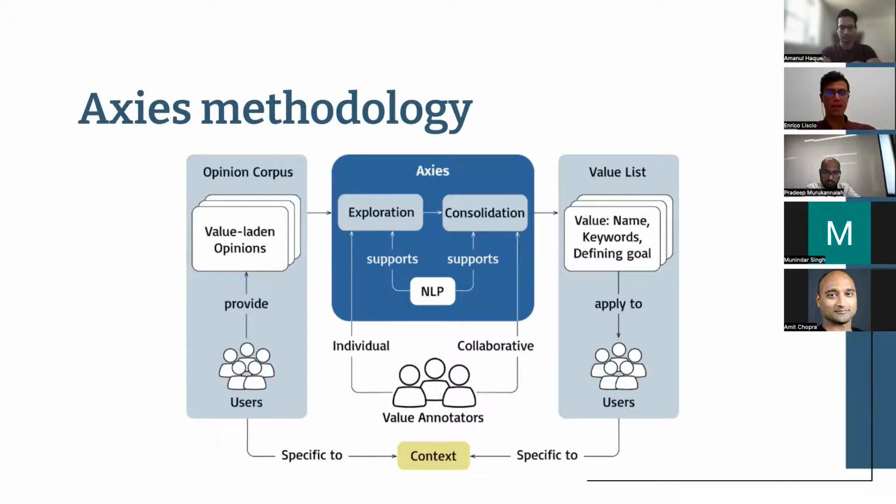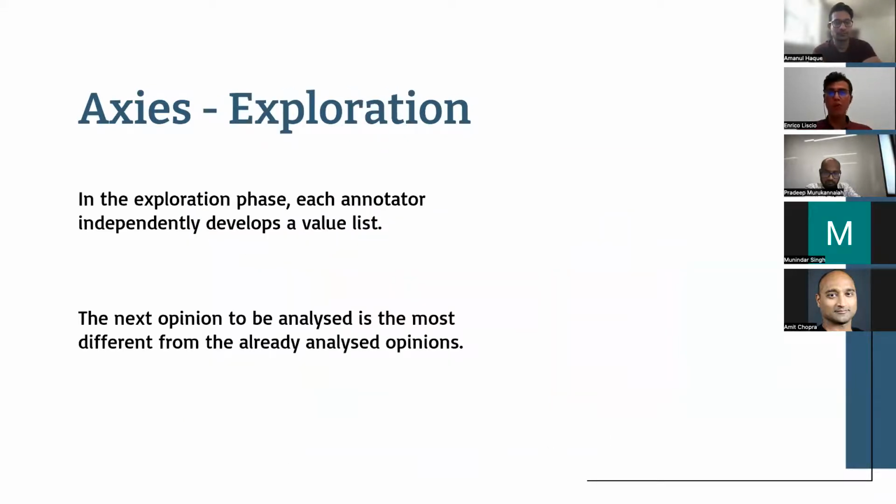Okay, I'll try to go fast. So the first step is exploration. We want each individual annotator to find their own value list. So we want to ensure diversity, right? That everybody can explore these data on their own. What we do is that we basically take all the opinions in the corpus, all the data that we have, and embed it in an embedding space. You don't need to know the details. Just imagine that all the similar answers to the survey are in a similar part of an n-dimensional space.